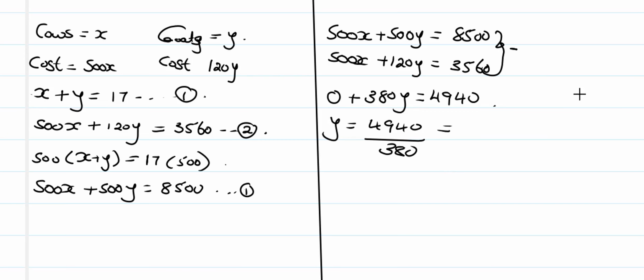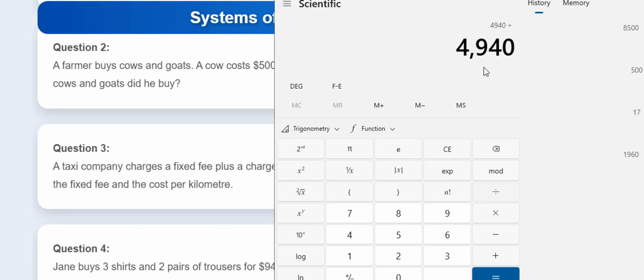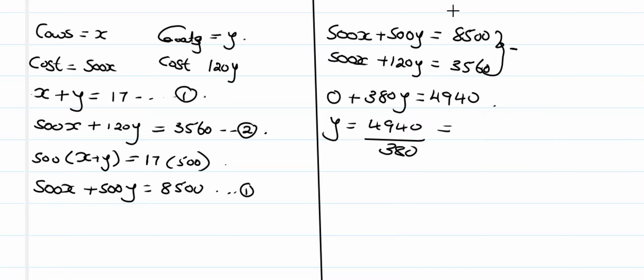So 4940 divided by 380 becomes 13. So y is 13, but we know x plus y is 70. And now that we know y is 13, it means x plus 13 is 70.